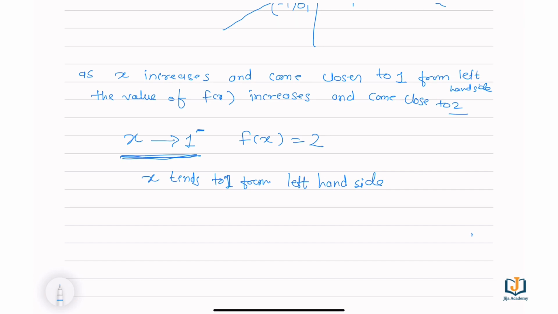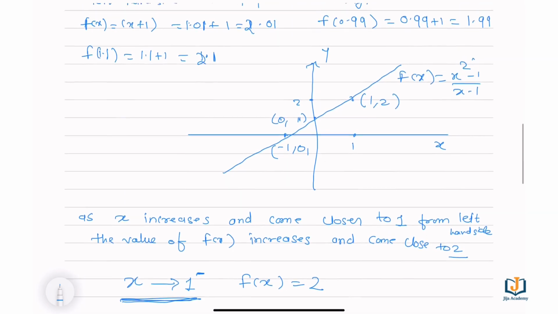This minus sign is for the left hand side. So in limit notation, limit x tends to 1 from the left hand side, f of x is equal to 2. This is the left hand side limit of this graph.